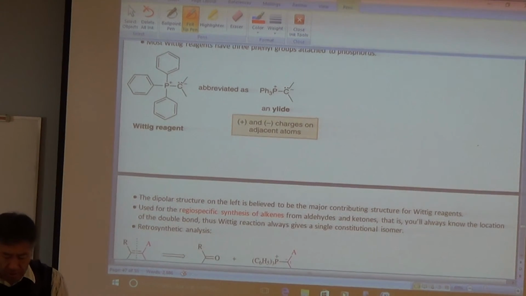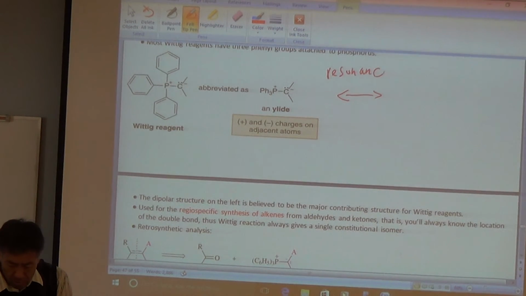So that's written as probably the major common component, but obviously it can have resonance. In the resonance structure, you will have this Ph3P double bond, and like that.